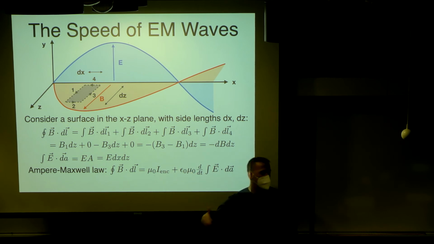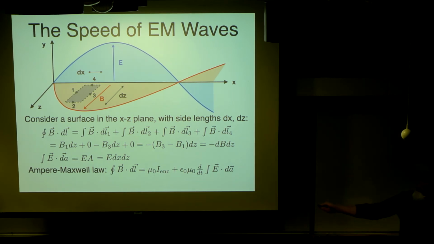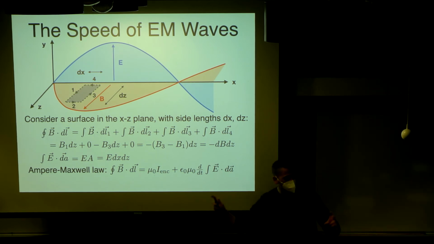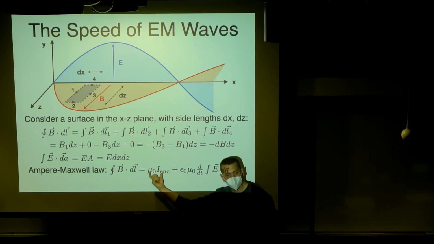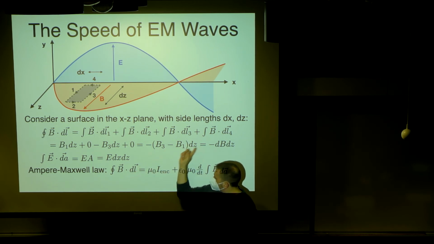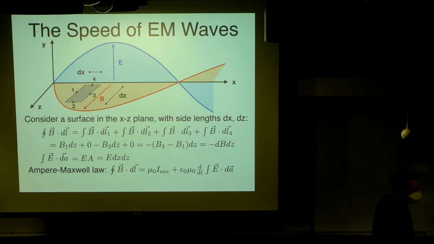There are no moving currents in this location. But what we do have is this part. This is the displacement current, so-called. It's epsilon naught mu naught times the derivative with respect to time of the integral of E dot dA. So basically, set the real current to 0 because there's no actual current anywhere. Plug in this for B dot dl, plug in this for E dot dA, and we'll get our result, okay?